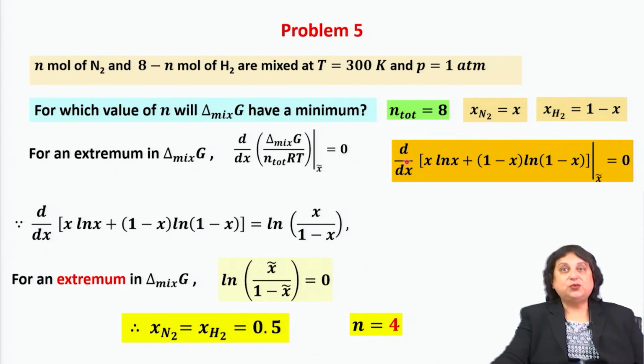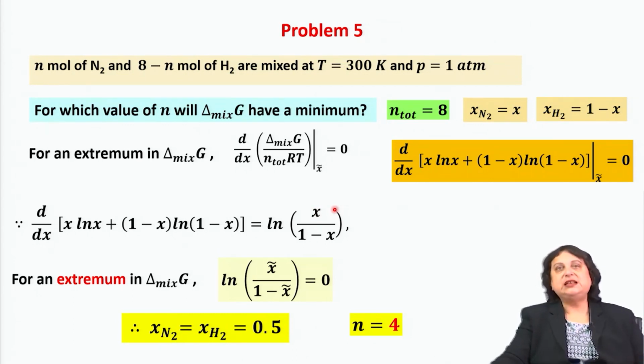And if x tilde is equal to 0.5, what is n? N is equal to 4. So, I understand that for a binary mixture of two ideal gases, the free energy of mixing has a minimum, or rather an extremum, when it is an equimolar mixture.